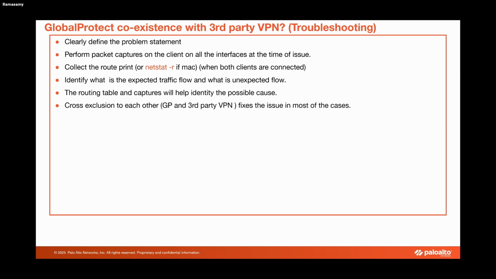The key here to make it work is to make sure that you exclude each other's traffic, which means you don't have overlapping subnets for the one which you're accessing through GlobalProtect and the one which you're accessing through the third-party VPN. And make sure that the third-party VPN is not on full tunnel, and you exclude each other's subnet.